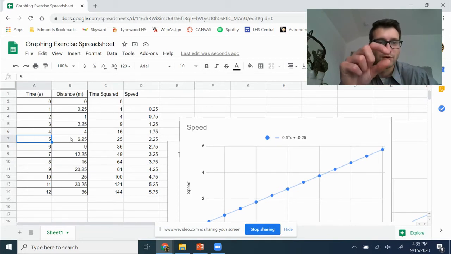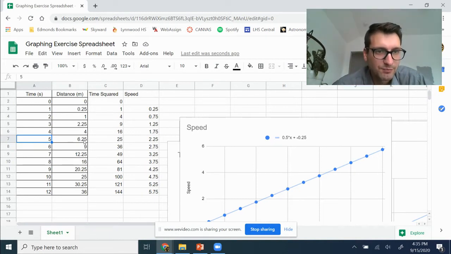And so basically what you want to do is just look at how far it went per second, right around 5 seconds. For example, if we look at just these two, we see that it went from 4 meters to 6.25 meters, and that took 1 second.